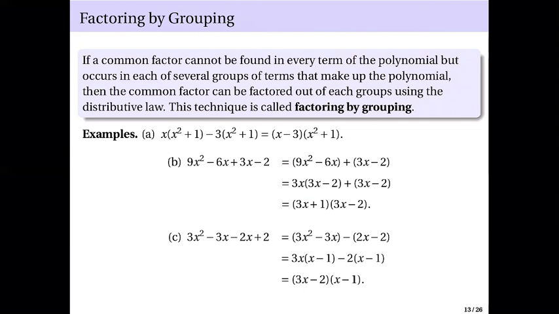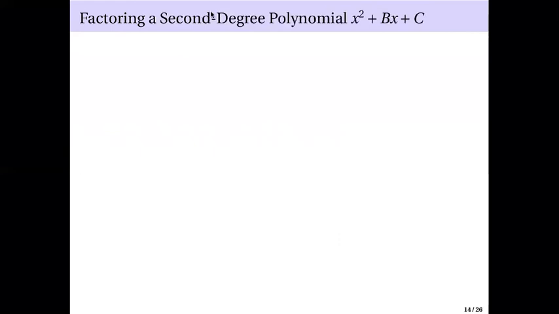Let's have this first way. Suppose we have x squared plus bx plus c. This is our polynomial expression. Look, the coefficient of x squared here is 1. So how do we factor this kind of expression?